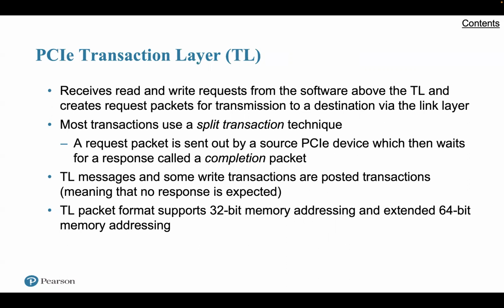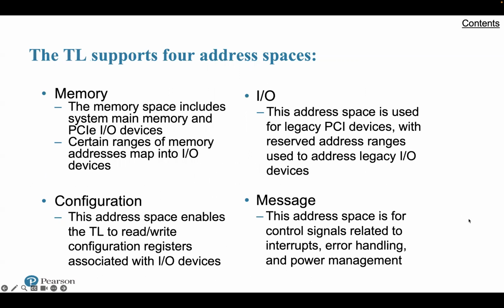The TL packet format supports 32-bit memory addressing and extended 64-bit memory addressing. Okay, so the TL supports 4 address spaces: memory, configuration, IO, and messages. The memory space includes system main memory. It also includes PCIe IO devices. Certain ranges of memory map into IO devices.